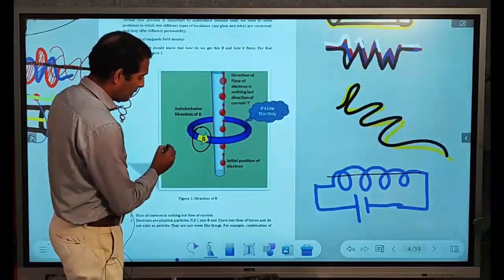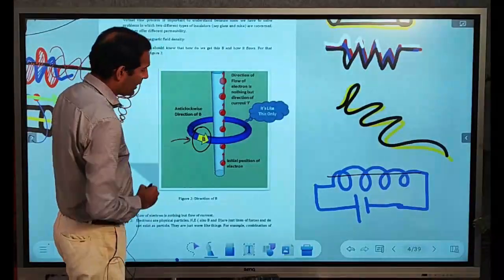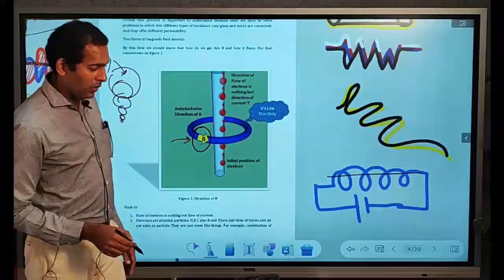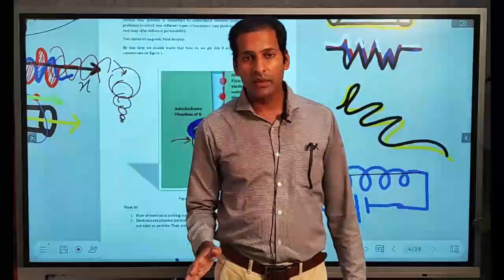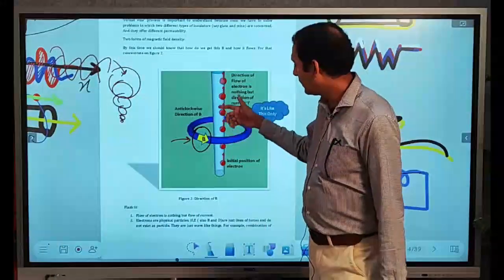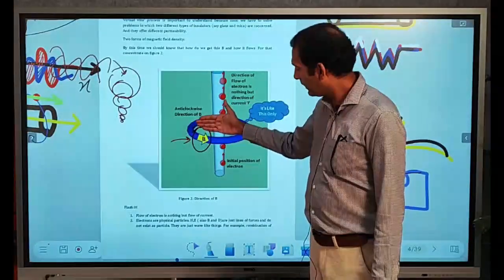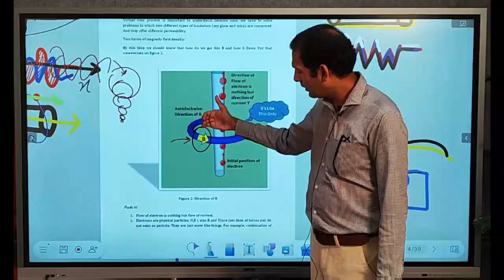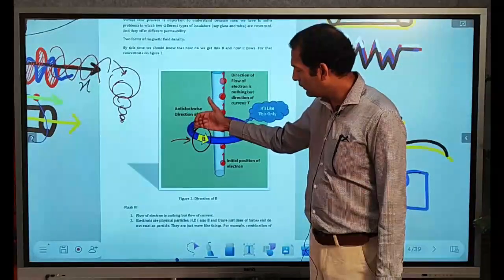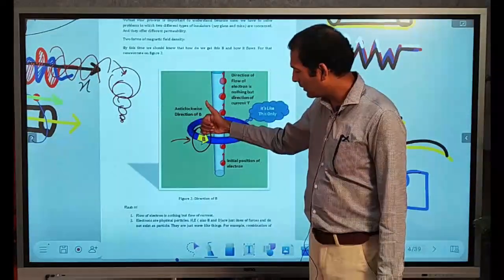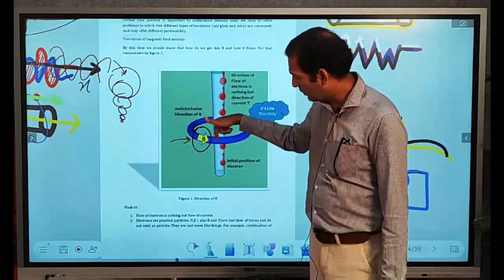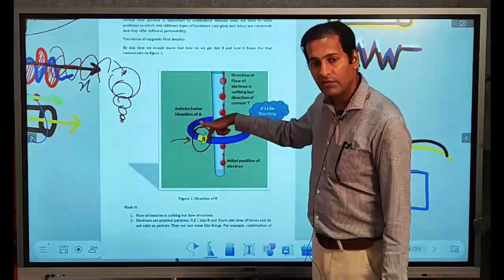So when current is flowing inside a conductor, by default it will create a magnetic field, and that field will be calculated by the right hand thumb rule. We just have to consider the right hand, and the thumb will be the direction of current, and the direction of finger curl, that means the direction in which the fingers are turning, will be the direction of the magnetic field.